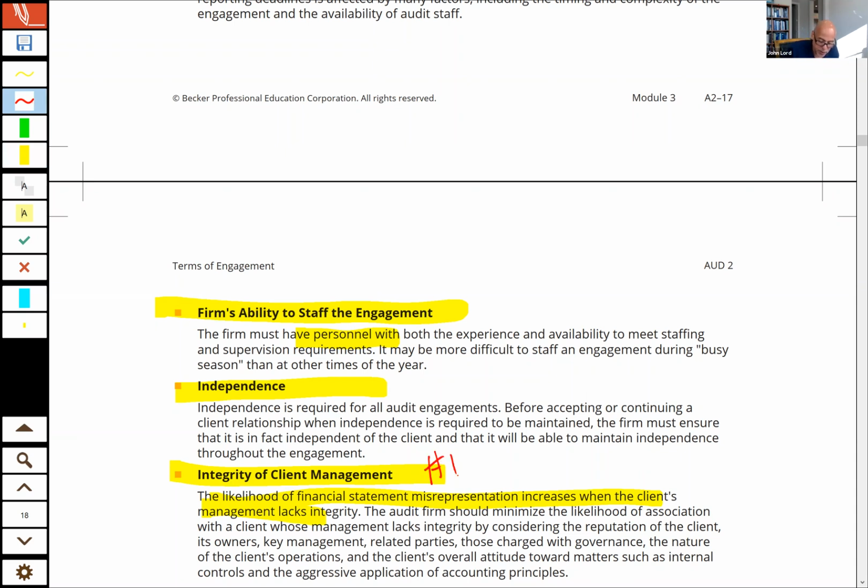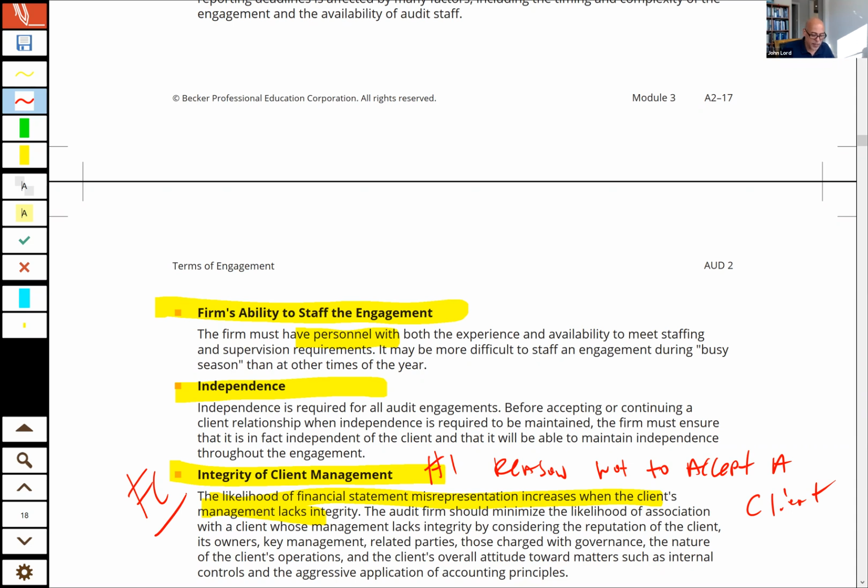And you can put down here, number 1 reason not to accept a client. You may even want to flashcard that. Because if you see a question that says, which of the following would be a reason not to accept a client, and you see management lacks integrity, that's the right answer. So that would be the number 1 reason not to accept a client.